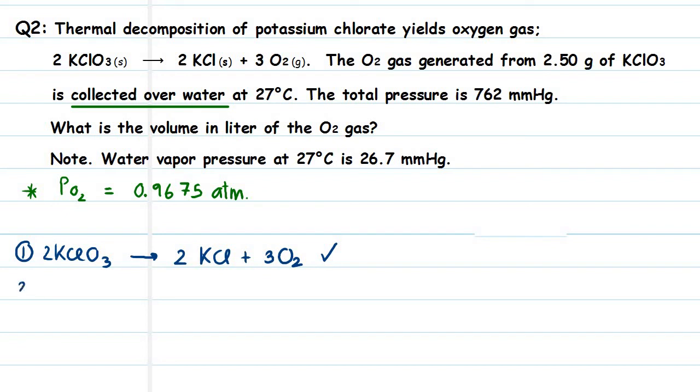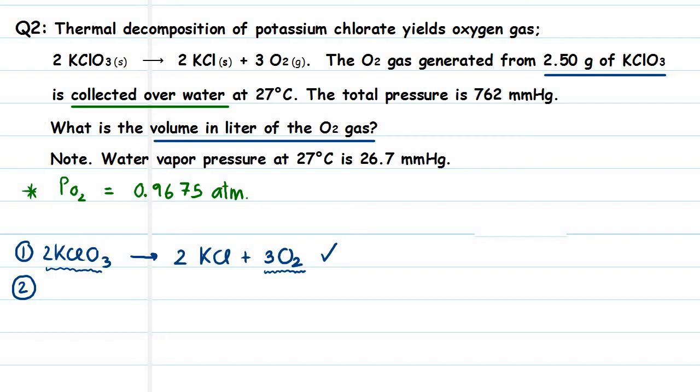The second step is to look for the involving species and link them using mole. The question gives us 2.5 grams of potassium chlorate and asks for the volume in liter of the oxygen gas. So that means the two involving species are potassium chlorate and oxygen gas.